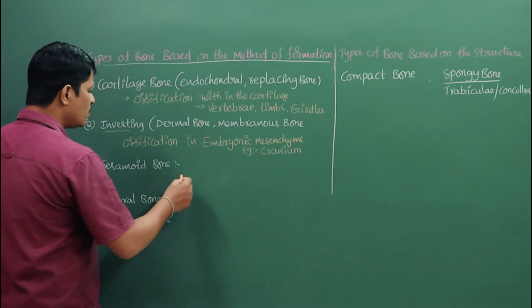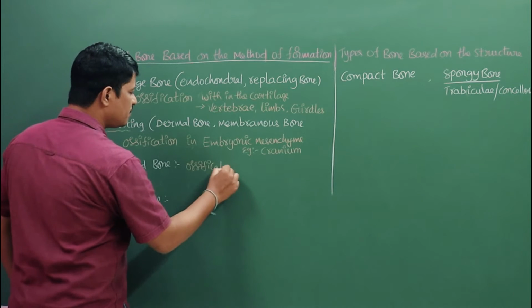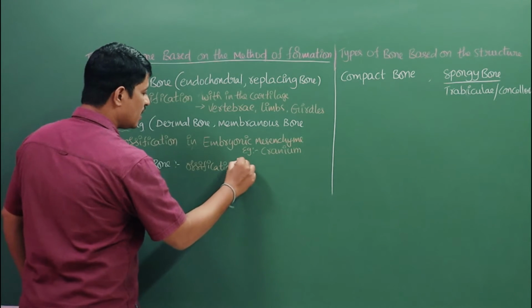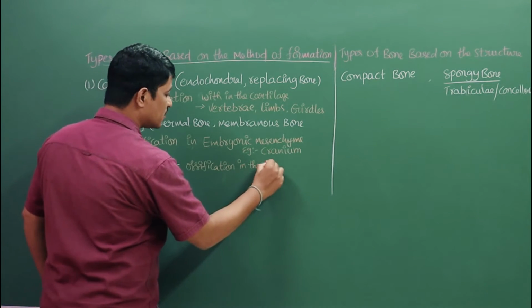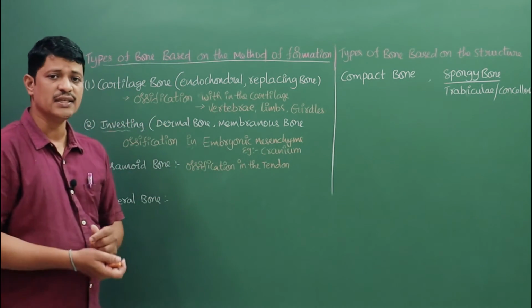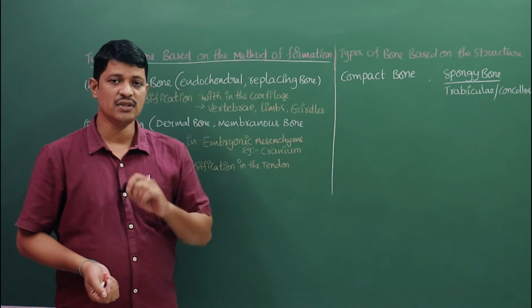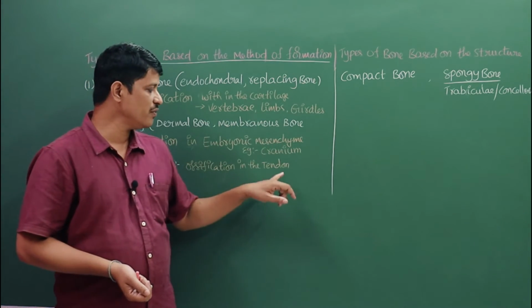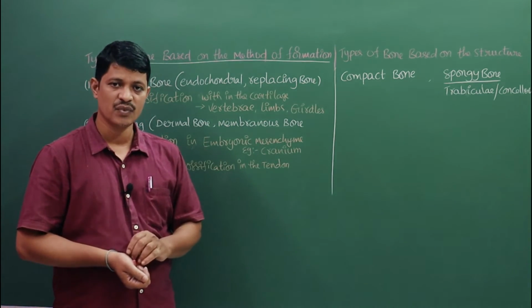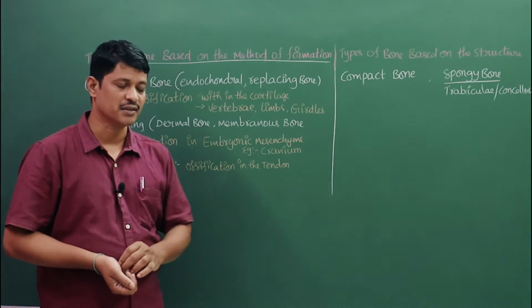The sesamoid bones are bones formed by ossification in the tendons. Already we have discussed ligaments and tendons. A bone connects with another bone with the help of ligaments, whereas a bone connects with muscles with the help of tendons.